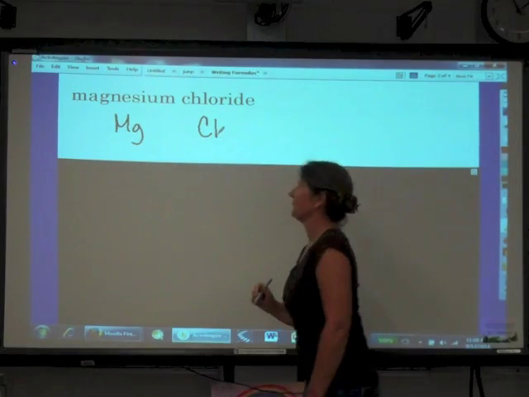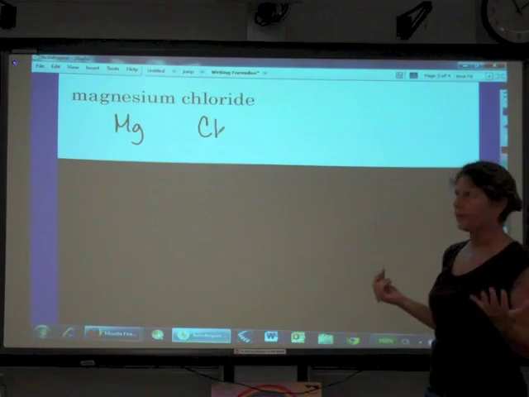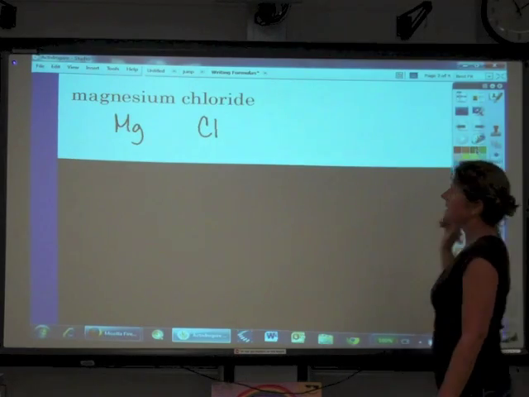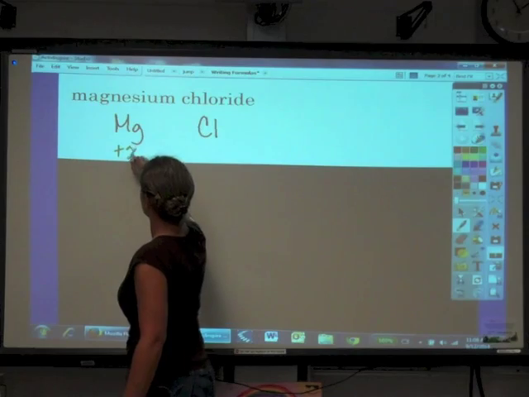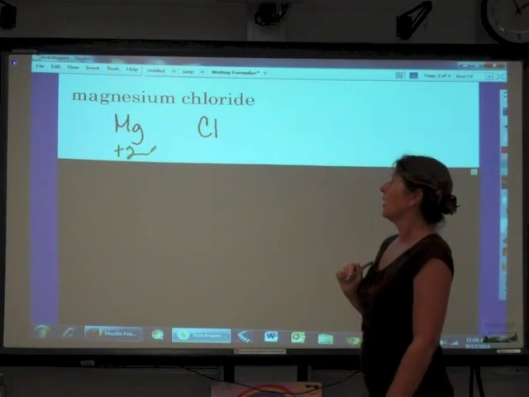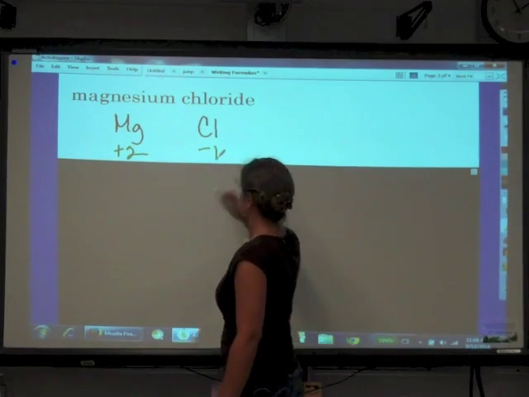So the next thing I need to do is figure out what their ionic charges are. Magnesium has an ionic charge of +2. I'm going to get that off of the periodic table. Chloride has an ionic charge of -1.